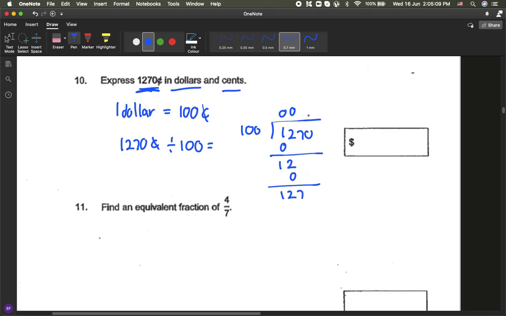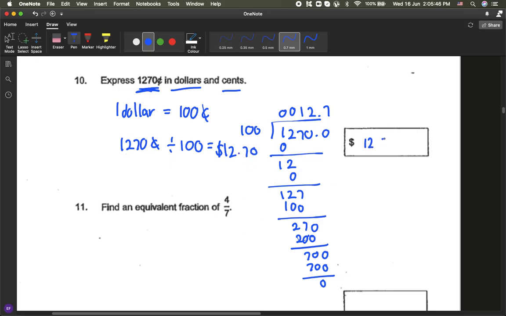The nearest number would be 1 times 100, so that's 100. And then we have 27. 270. The next would be 2. That's 200. And we are left with 700. We have to put the decimal place. And here, so we have $12.70.